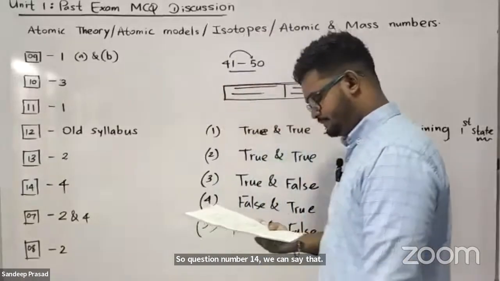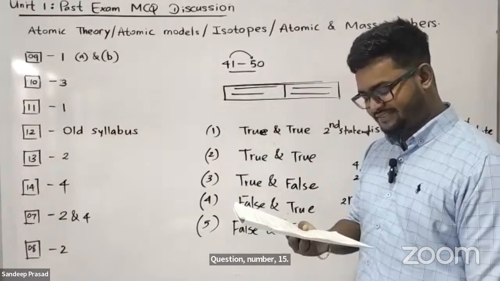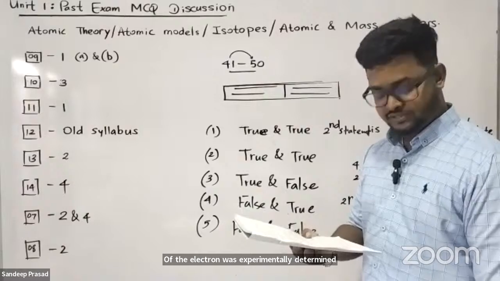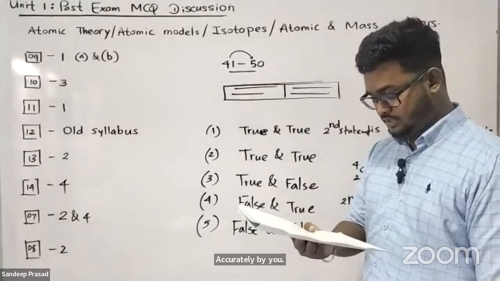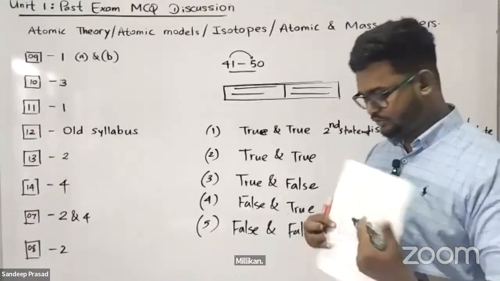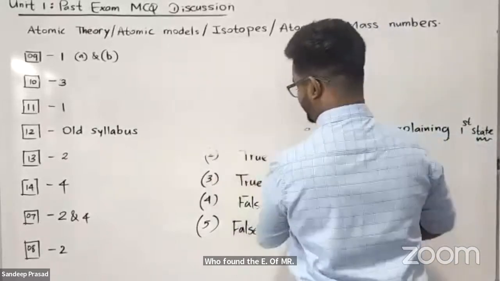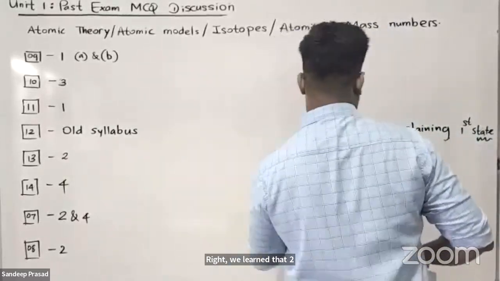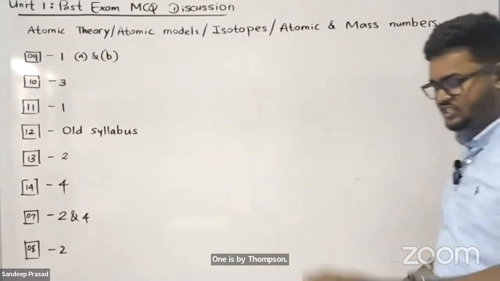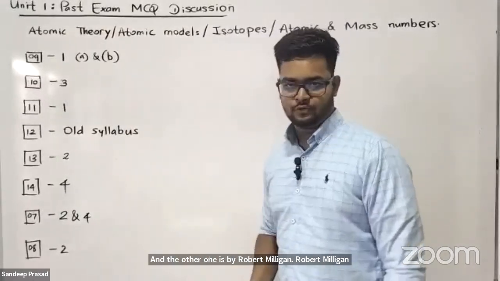Question number 15. The charge to mass ratio of the electron was experimentally determined accurately by Crookes, Millikan, Geiger and Marsden, Thomson, Chadwick, who found the e over m ratio? We learned two quantitative experiments, one by Thomson and the other by Robert Millikan. Millikan found the charge of an electron, 1.60 × 10 to the minus 19 coulomb, using the oil drop experiment.